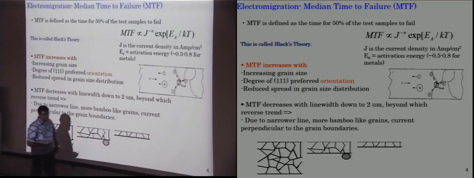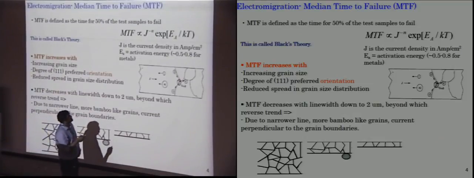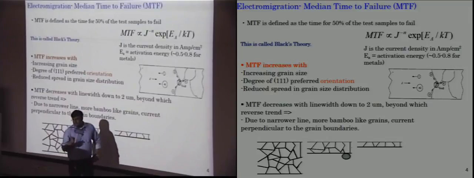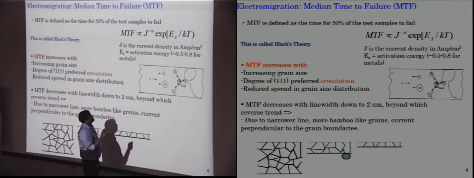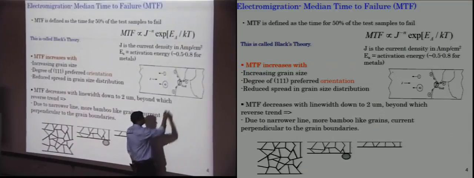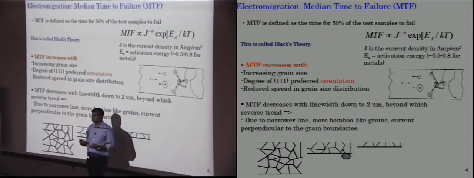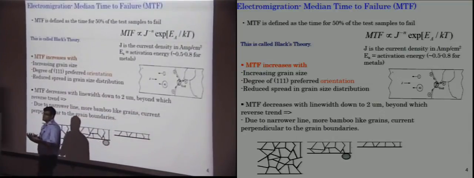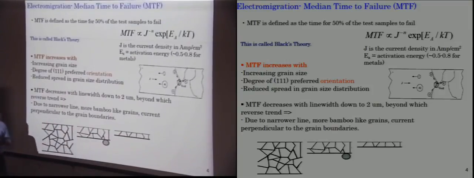Now the reason why grain size is important is because activation energy for diffusion within the bulk of a grain and at the grain boundaries are very different. Okay, so in the bulk of the grain, when you are talking about electromigration and the diffusion of atoms, the activation energy is higher. But grain boundaries are the locations where metal atoms are not bonded properly, right? There is a discontinuity in the packing of the material.